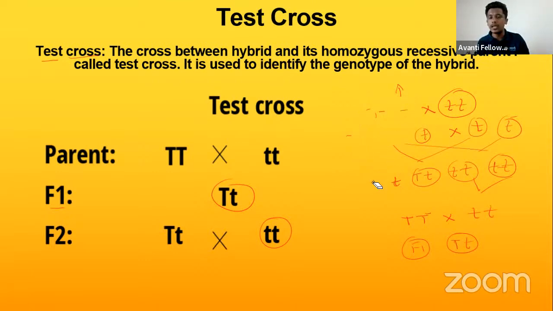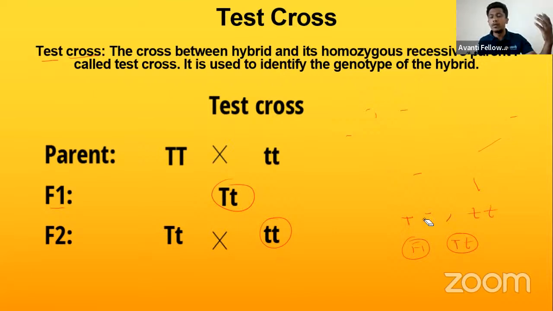Understood? And the next one is outcross. What is an outcross? If you take an F1 individual, you might ask, why not take the homozygous dominant plant and cross it? That will result in an outcross. So if I take my F1 generation, that is capital T and small t, and cross it with a homozygous dominant plant, what do I get, students? Capital T will go with capital T, another capital T with another small t, and capital T with another small t.